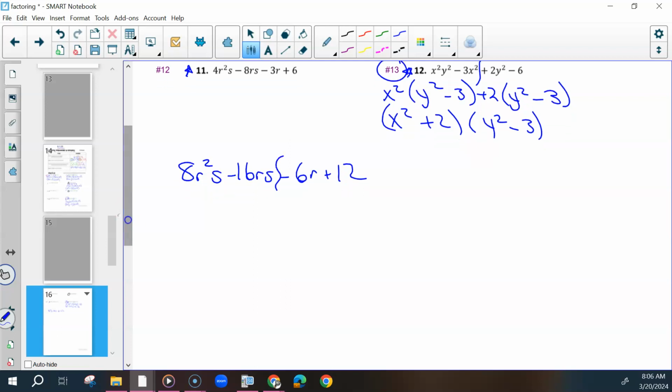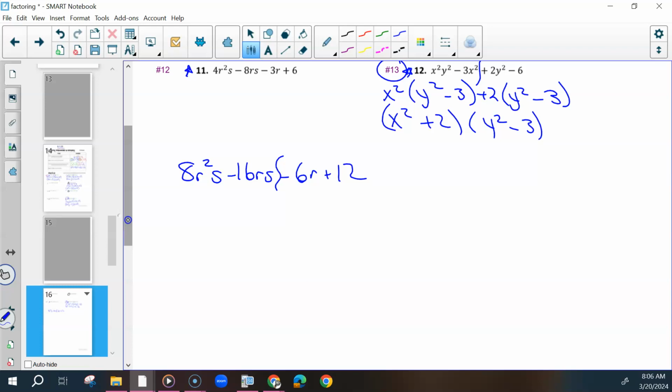So write that problem down so you have space. Negative 1. Negative 16 rs.